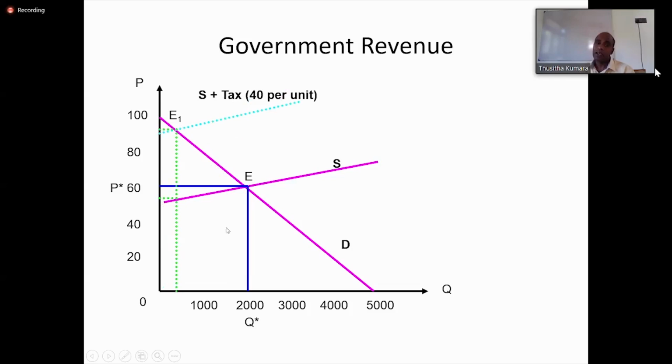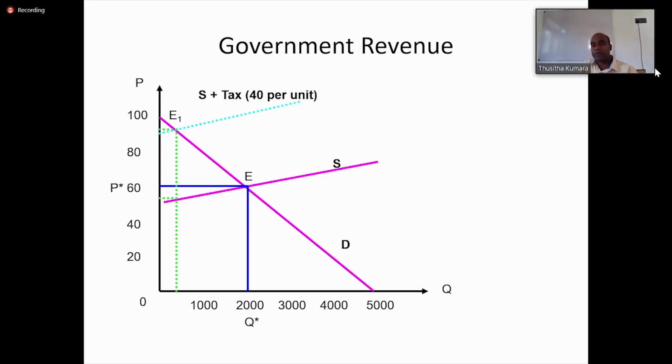The same can be explained when we have an elastic supply curve, then tax revenue will decrease. So at home, what you want to do again is draw different shapes of demand and supply elasticities and calculate what is happening to the total tax revenue to the government, whether it is increasing or decreasing depending on the elasticity.